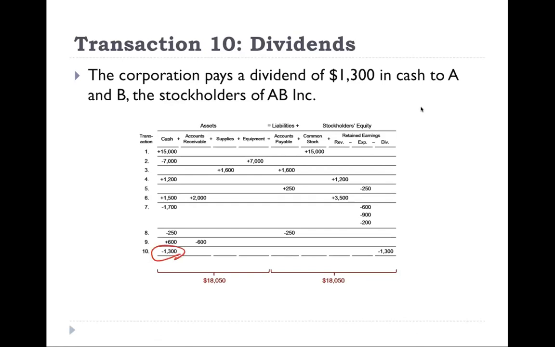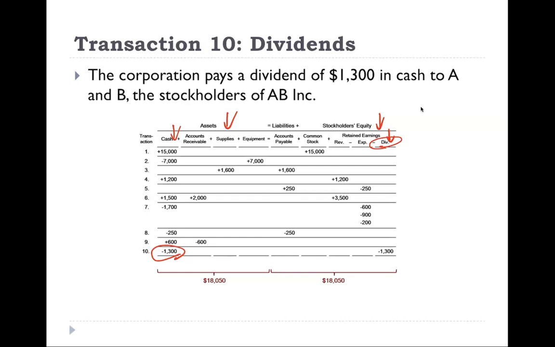So cash decreased by 1,300, and cash is an asset, so asset decreased by 1,300. And at the same time, because dividends decrease the firm's retained earnings account, retained earnings decrease. And retained earnings is part of stockholders' equity, so stockholders' equity also decreases.